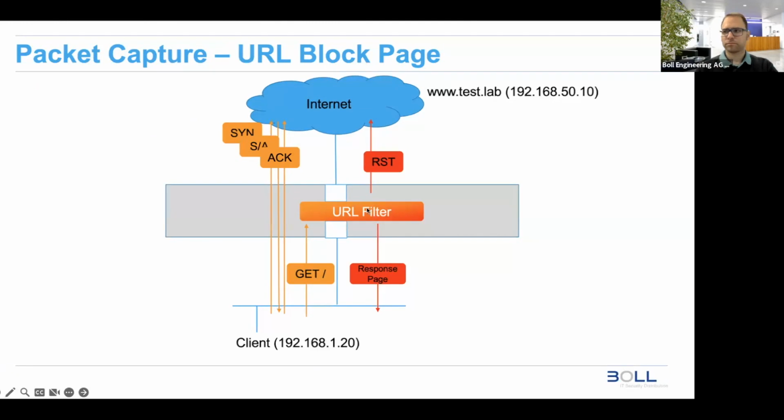So for example, the firewall is sending the response page. The response page is being acknowledged by the client to the firewall, but of course the firewall is not allowed to forward the acknowledge to the server. So all these other packets which now occur because of the response page or the reset acknowledge need to be dropped. And this is what the firewall is doing transparently. You do not see it, but the firewall has to do it.